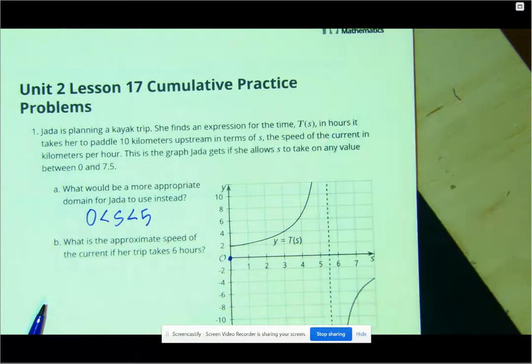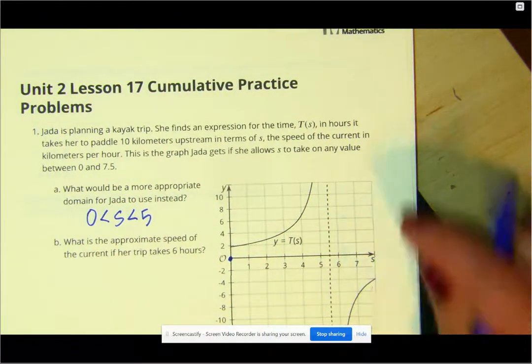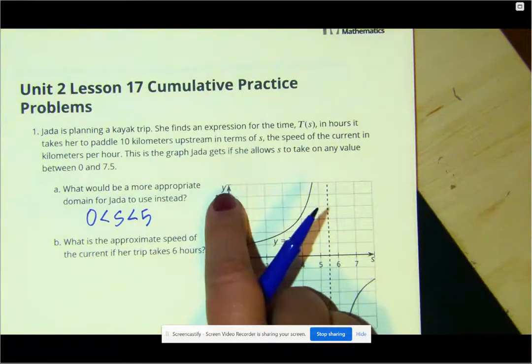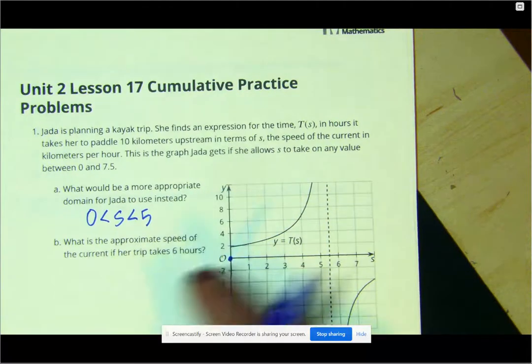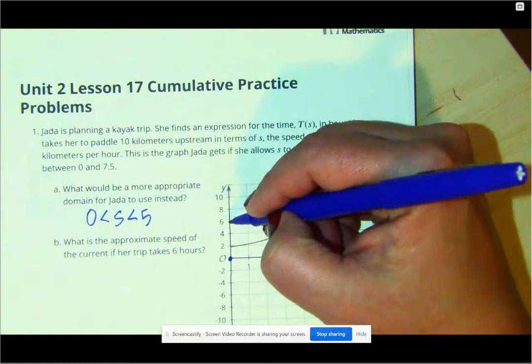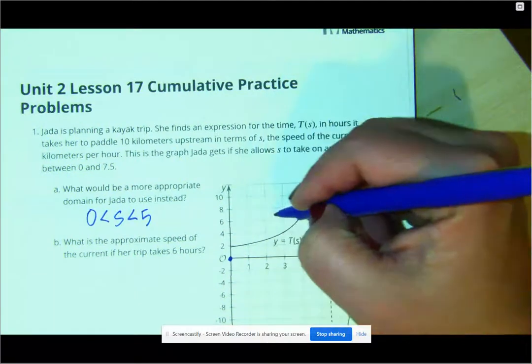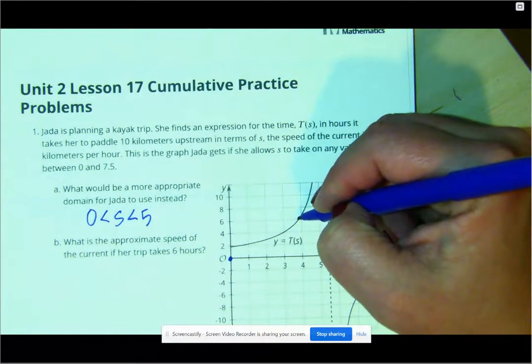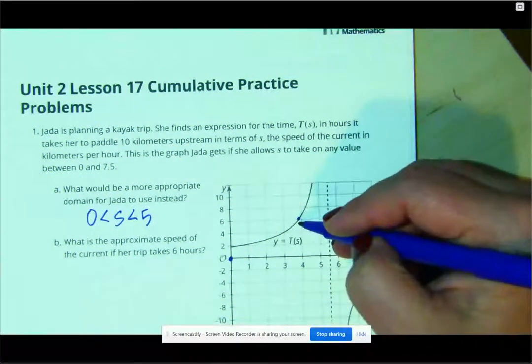Okay. B, what is the appropriate speed of the current if her trip takes 6 hours? So this is speed, and then Y is the time. So they're telling me it takes 6 hours. Here's 6. I'm going to follow this over to the graph. About right there. So if I look down here, what is that?